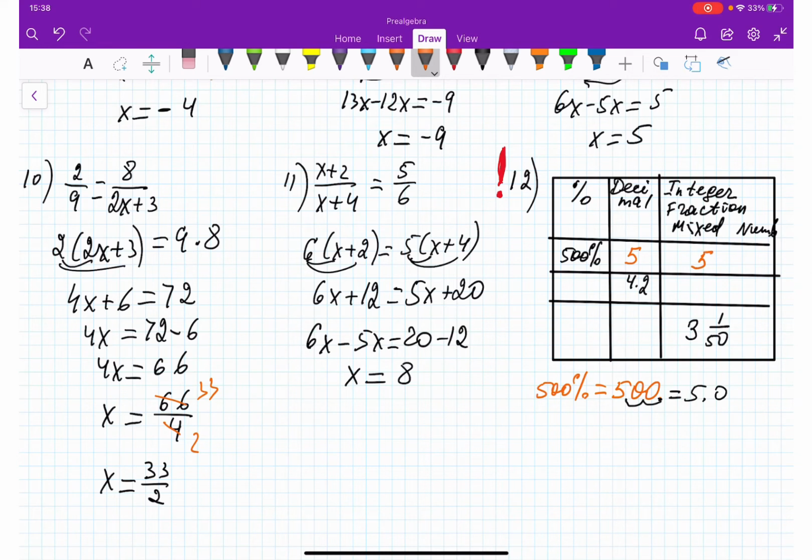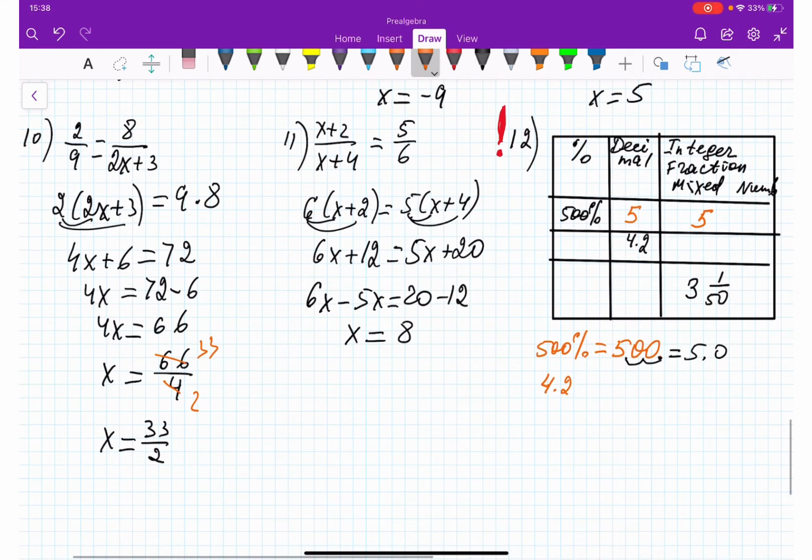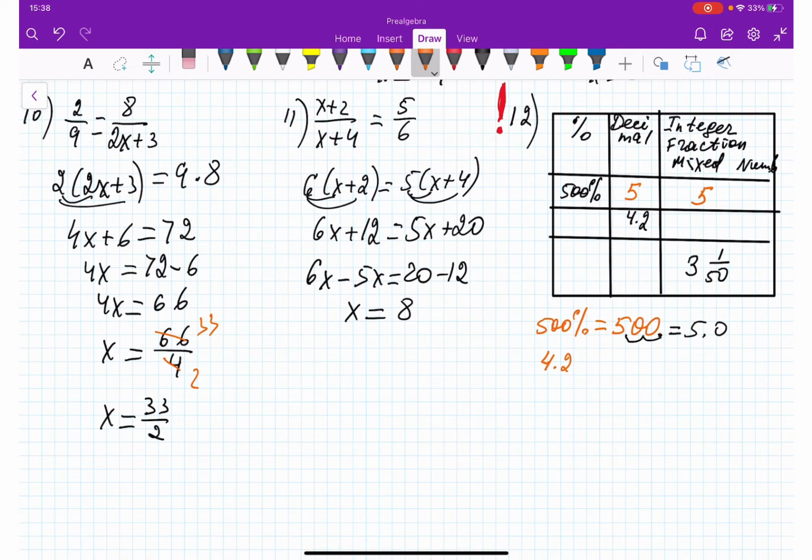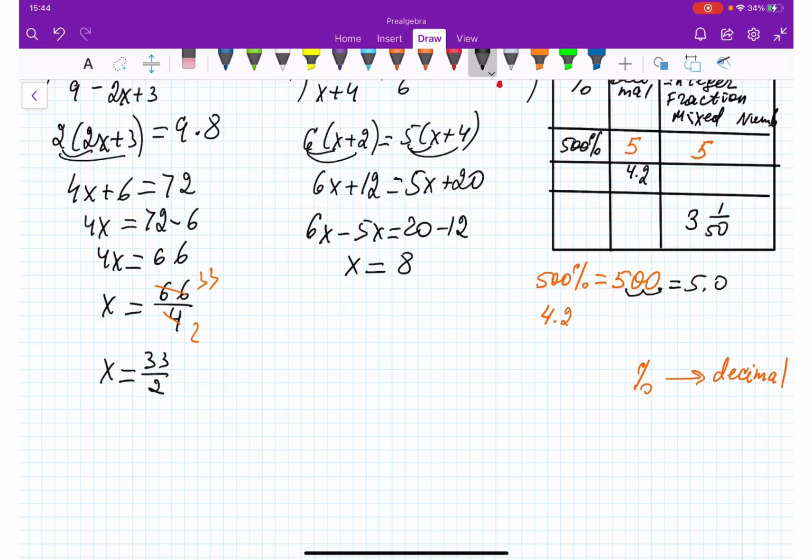Moving to the next one, 4.2 decimal. If I want to represent it as a percentage, let me create a template here. From percentage to decimal, we divide by 100. From decimal to percentage, we multiply by 100.